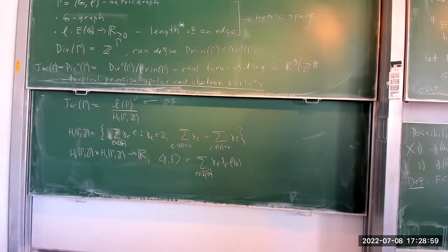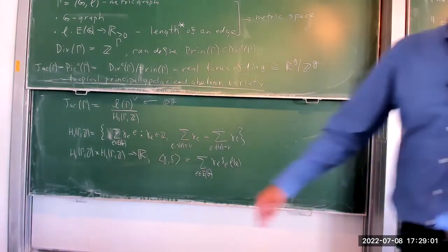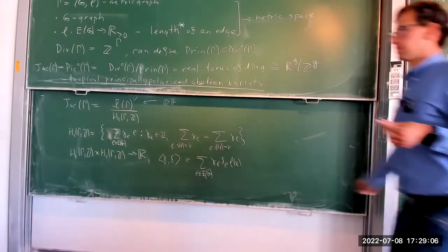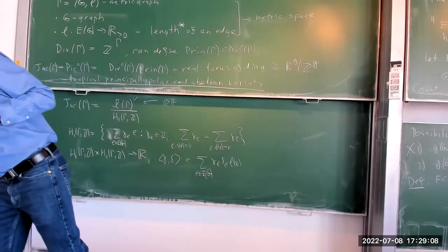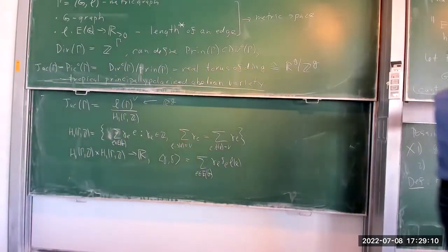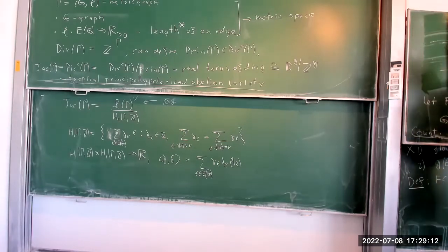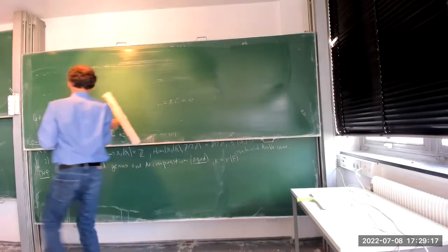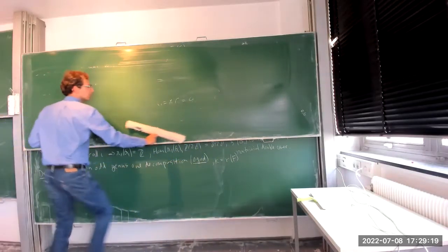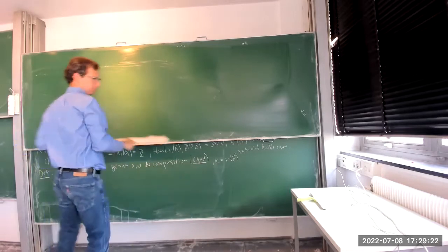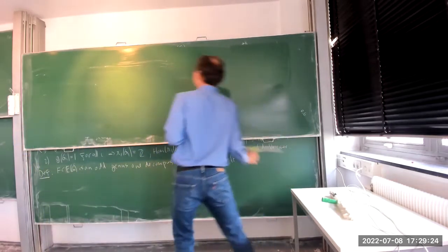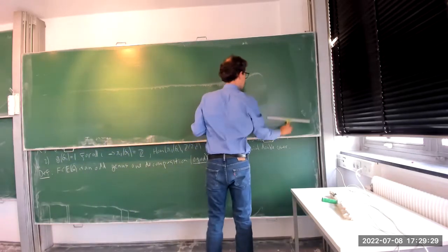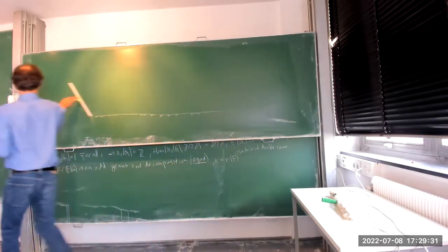Okay. So now what I want to do is find a formula for the volume of the Jacobian. And we're going to kind of put our physicist caps on for this.